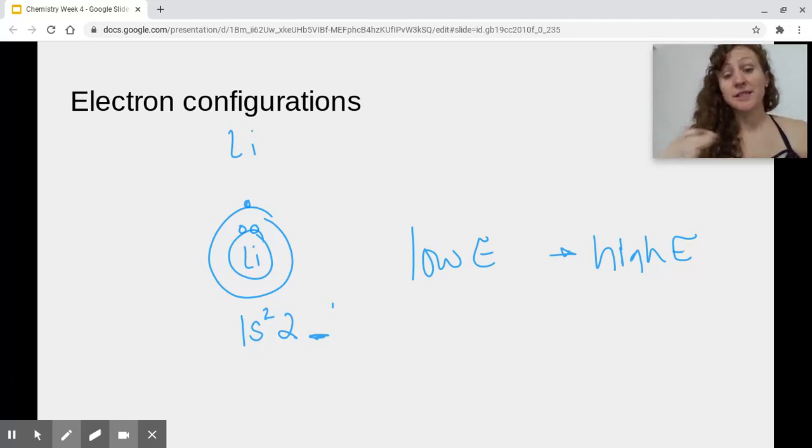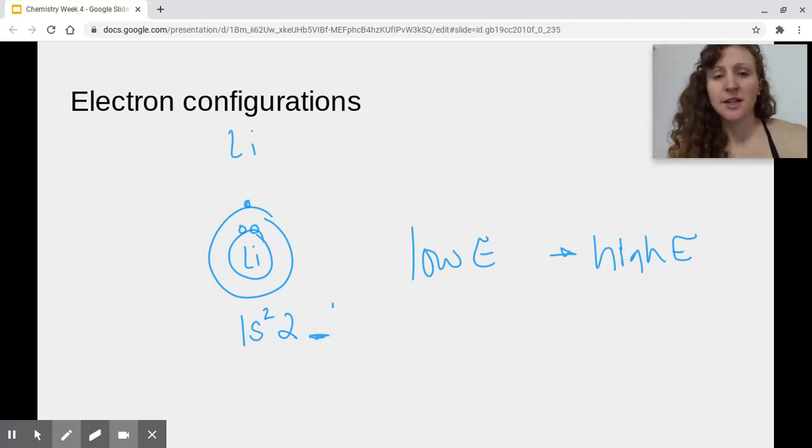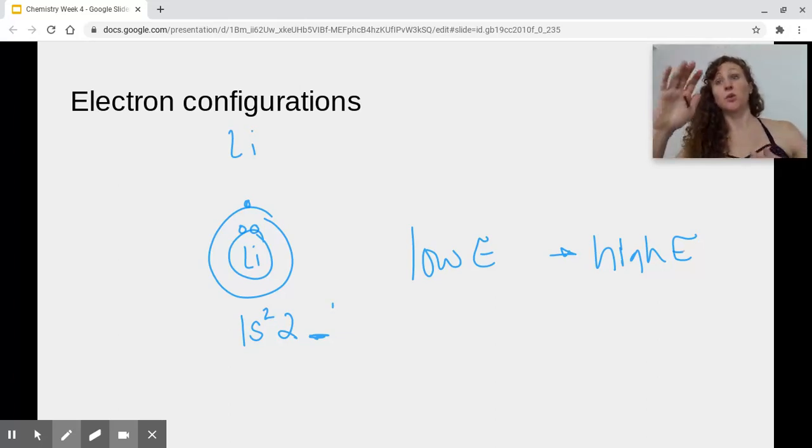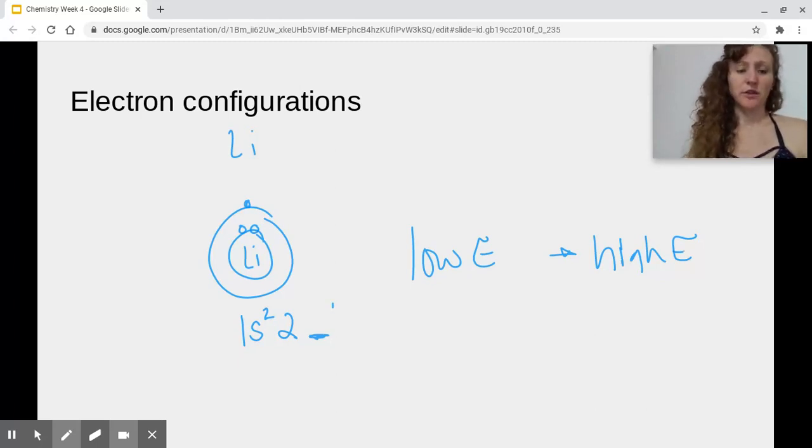So in order to write the electron configuration, you have to know what the lowest energy orbital is, what the highest energy orbital is, and what the order is in between. Now, there are 2 ways to know the order of filling of the orbitals. I'm going to show you the simpler one first.